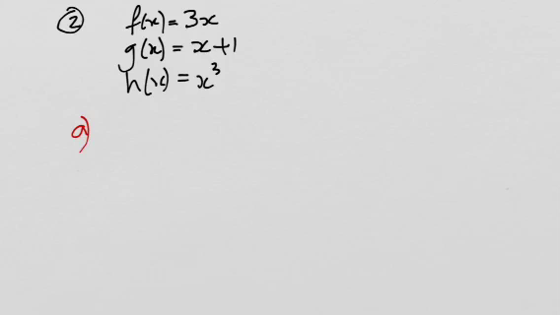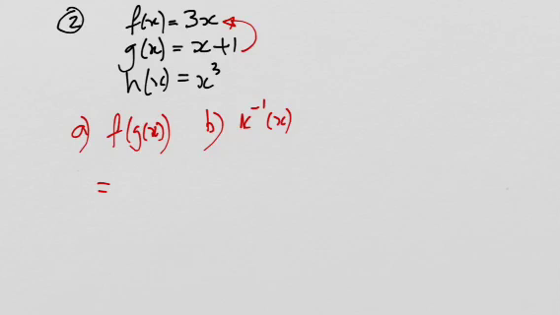Right, question 2 you'll be pleased to hear is a wee bit easier. First one, work out f of g of x. So put the g into the f formula, so that shouldn't be too problematic for you. B, you have to find the inverse formula.